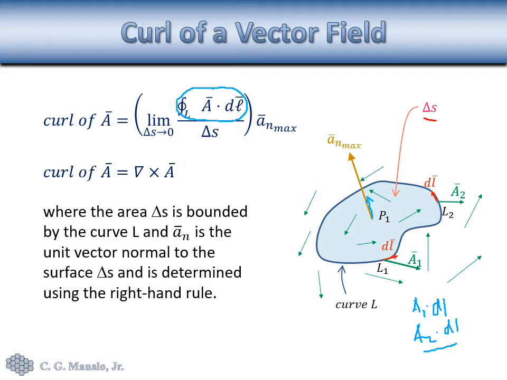So if the tendency of the area is to rotate in the counterclockwise direction, that direction of the unit vector a sub n will be in this direction.